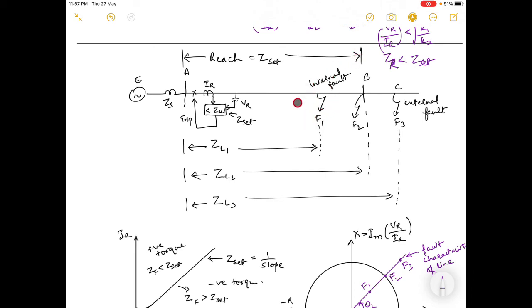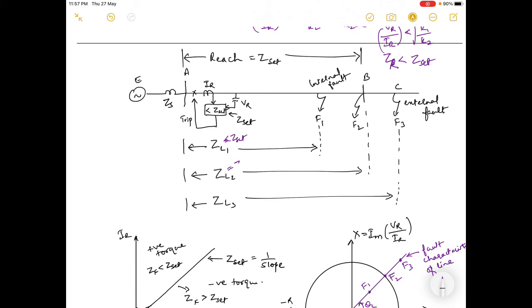Now what will happen if the fault occurs inside it? It is called an internal fault. Internal fault means when the fault occurs here, obviously this is the transmission line length. So impedance has reduced because this much impedance is not there now. So ZR is less than Z set, so it will trip.